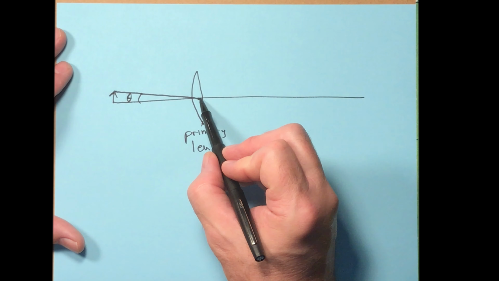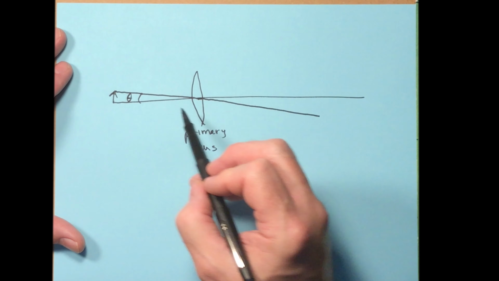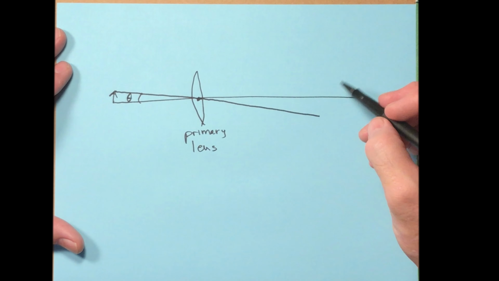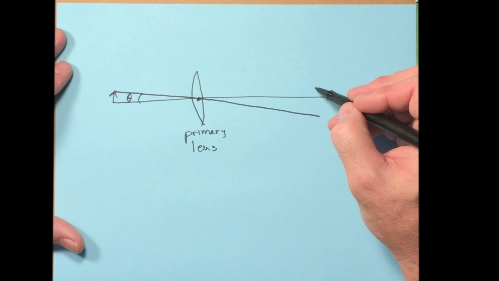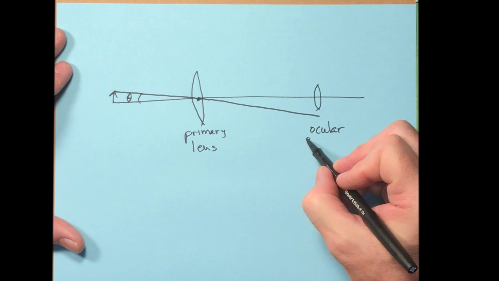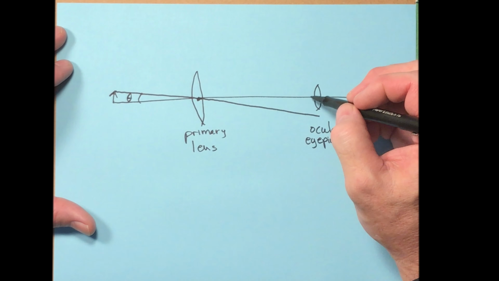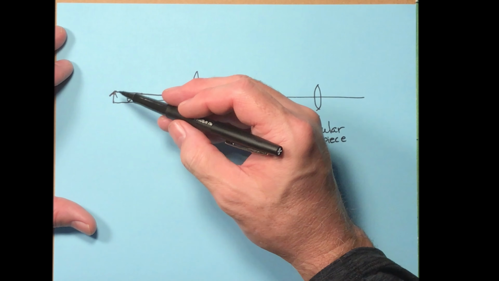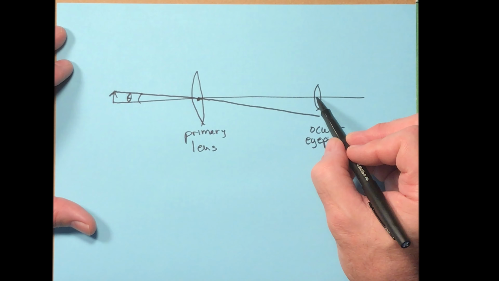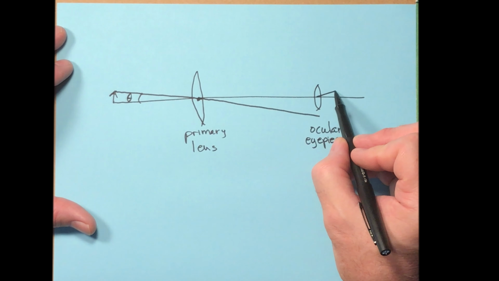If we continue that on through, then it would go on through. This is the center of the lens, so that ray of light would go straight through. And then back here, we can put an ocular, which just means eyepiece. The purpose of the ocular then is to take this object that forms an image back here. It has its own focal length. Let's draw a ray for it.